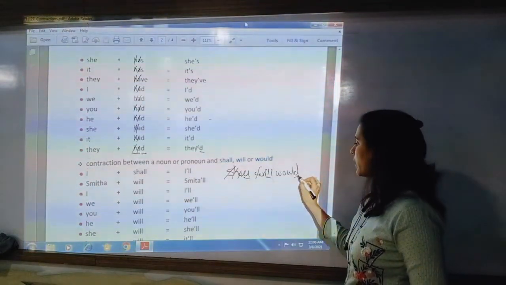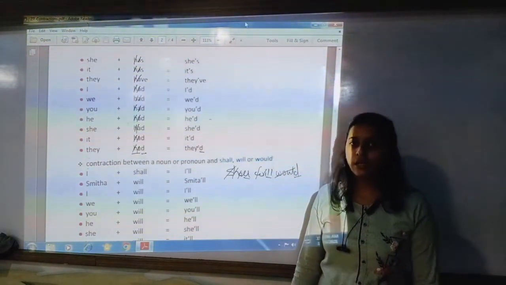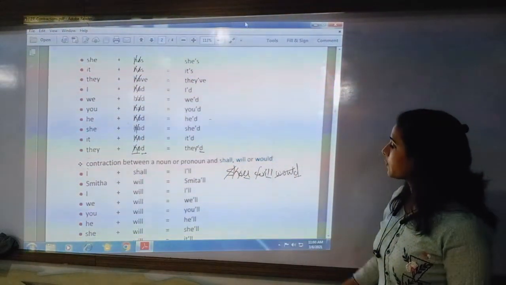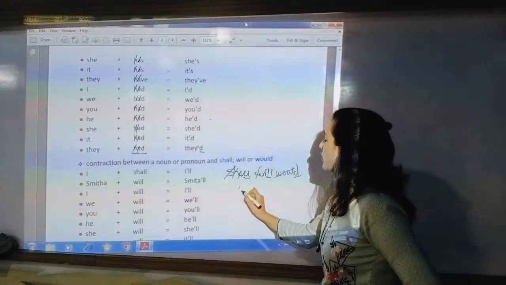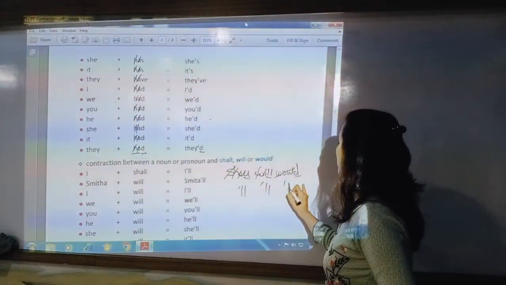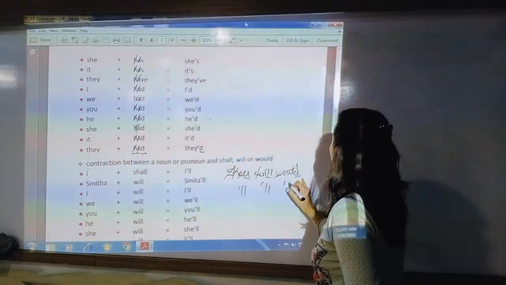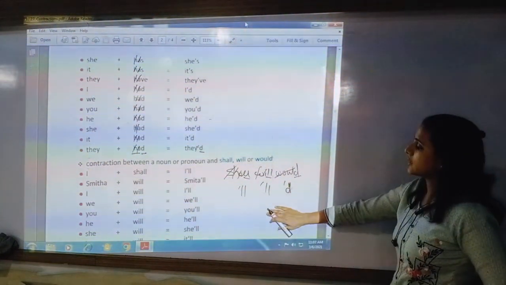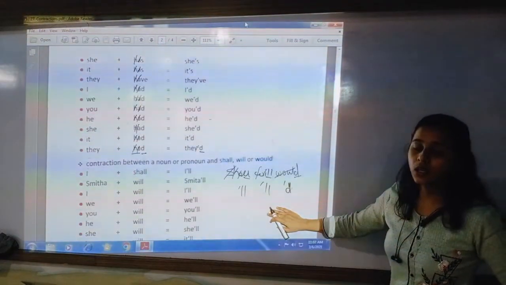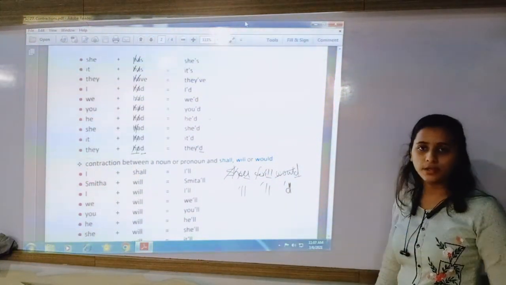And in would, only D will be kept. Rest of the letters will be removed. So in this way, the spelling will be apostrophe double L, apostrophe double L, apostrophe D. This is the way of using contraction of shall, will and would.